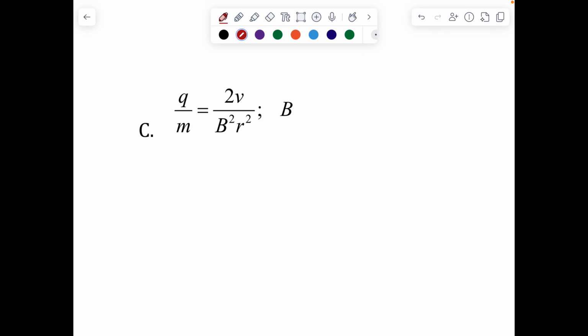All right, C. We have Q over M is equal to 2V over B squared R squared. So we are asked to solve for B here. So again, first thing we want to do is get rid of these fractions.